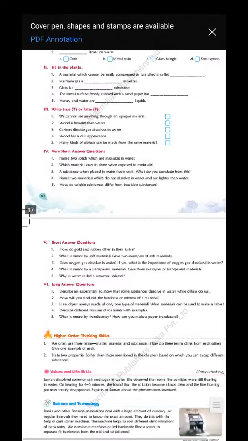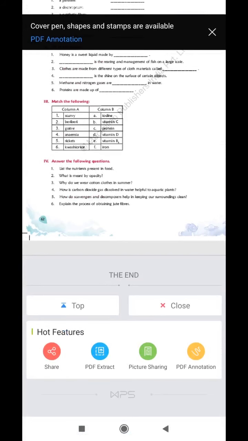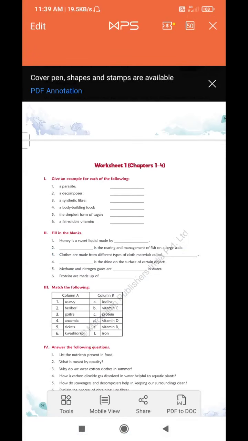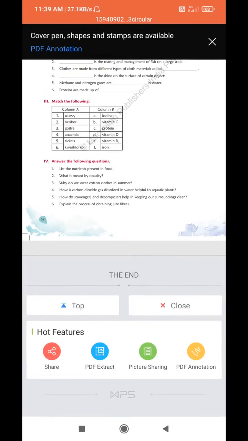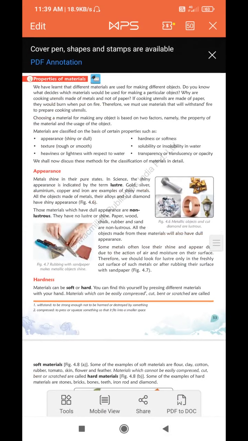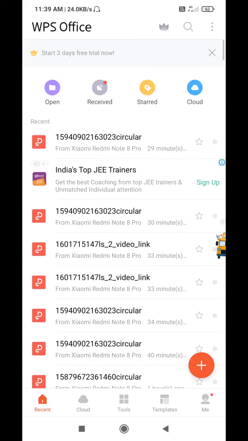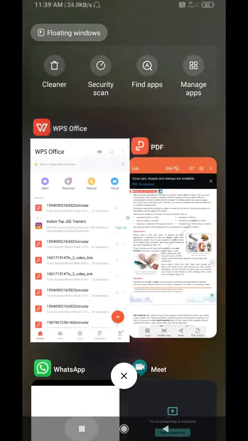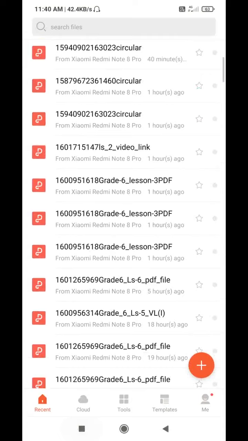So this is about this lesson, and the next lesson I want to select now. Next one is biology. Two lessons I'll complete now. Components of food, that lesson I'll select now. Are you watching the screen? No disturbance?